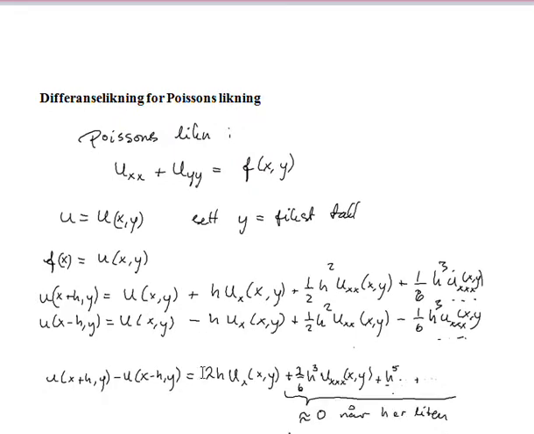We can now find a difference equation for the Poisson equation. The Poisson equation takes this form, and now if we write u equal to u of x, y, and let y be a fixed number, then we can differentiate this with respect to x.